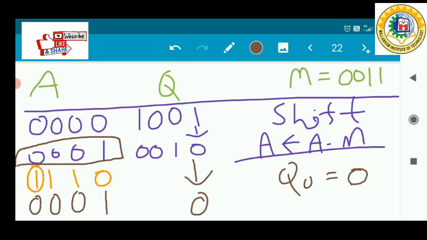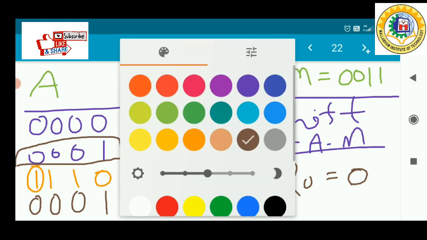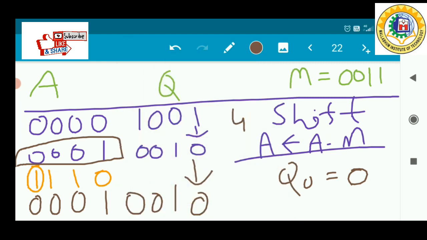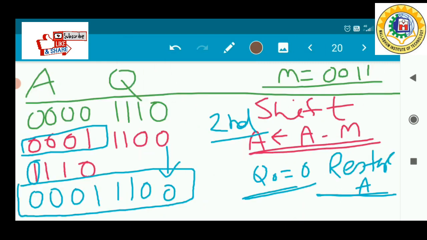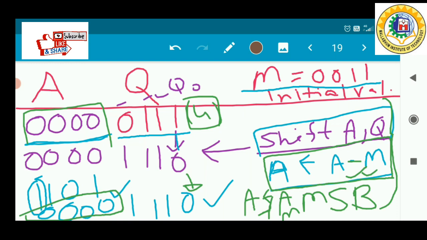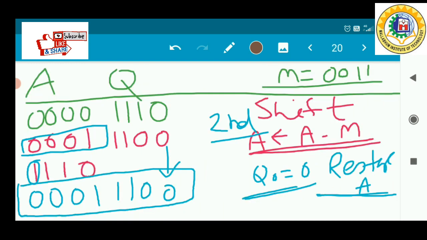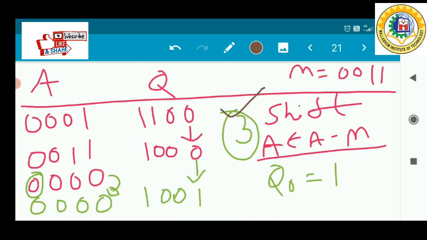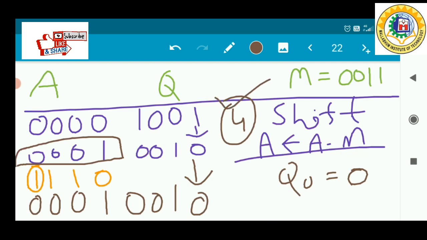So this will be 1 0 0 0. This is your fourth cycle. You can see this is your first cycle, second cycle, third cycle, and fourth cycle. This is the completion of your cycles.